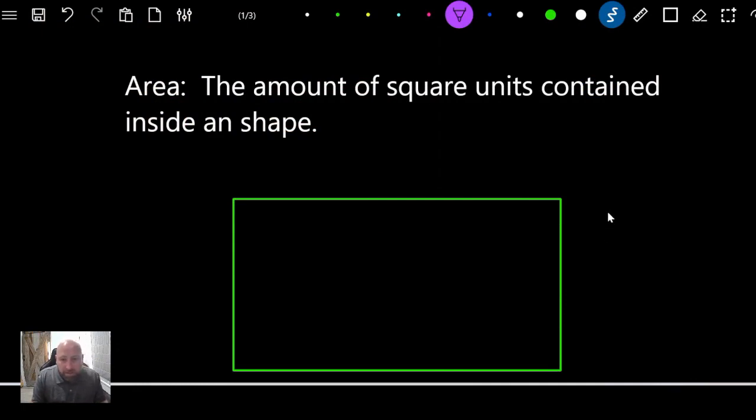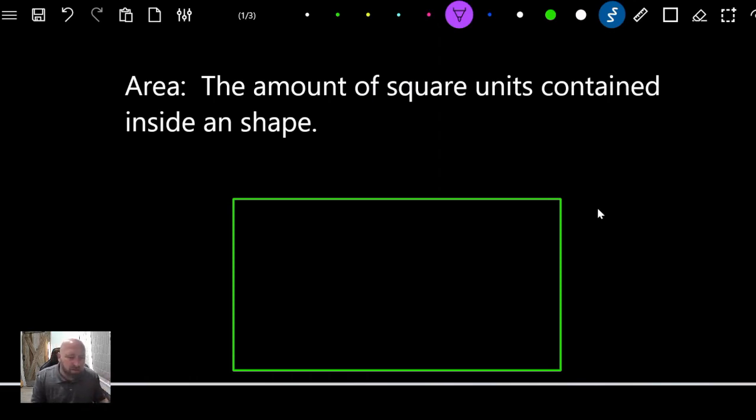What is area? Area is the amount of square units contained inside of a shape. What does that mean? Well, every shape, no matter if it's a circle or a square or a rectangle, has square units inside of it.